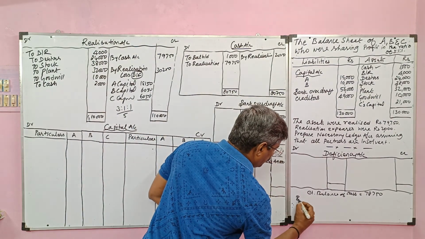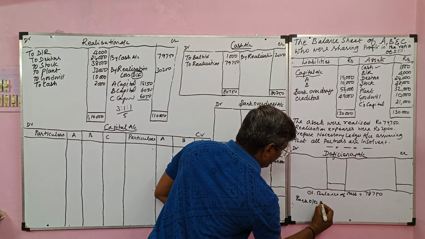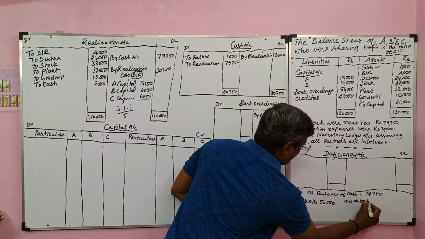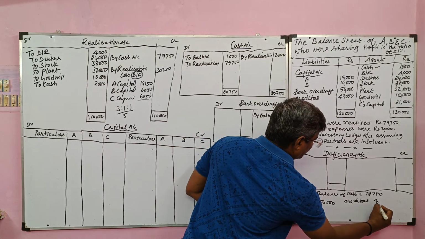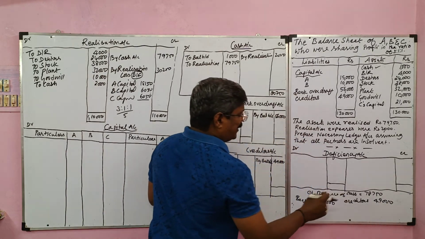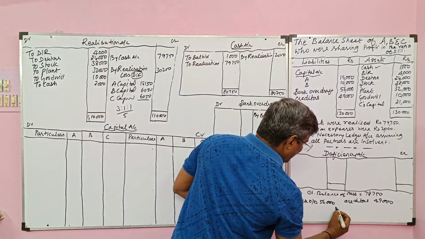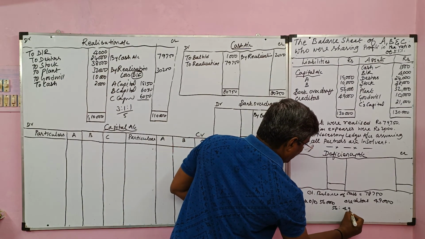Bank OD value is 56,000. Creditor value is 49,000. Now we have to take the external liability ratio, which is 56:49.